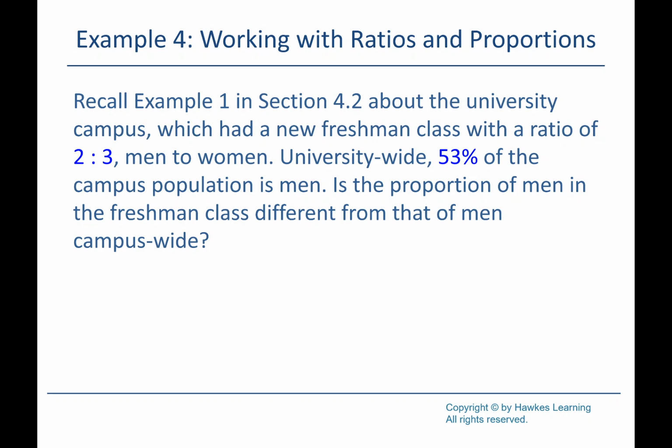Well, a couple ways we could think about it here. We had the ratio of men to women given to us, so we could change that to a percentage. Ratios, they're fractions. 2 to 3 men to women.